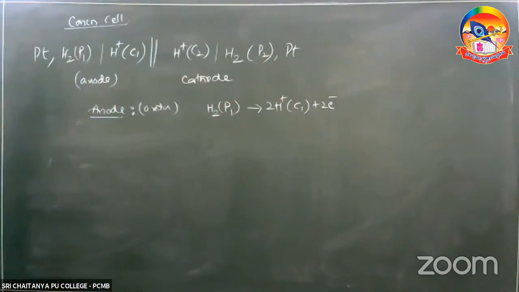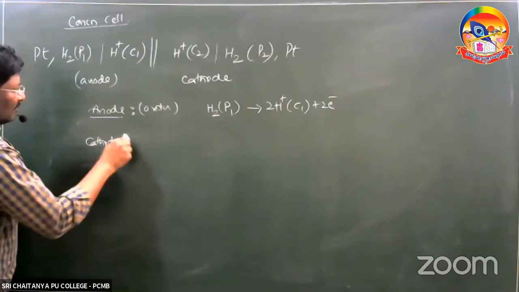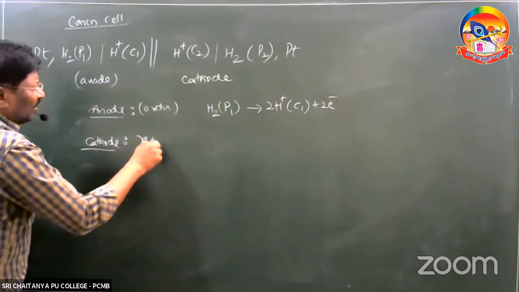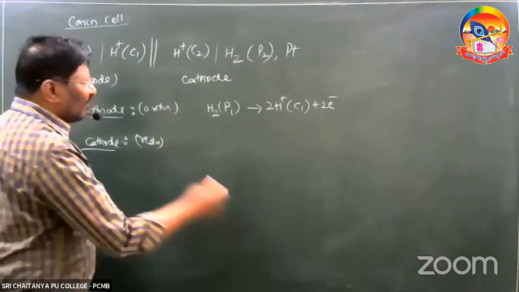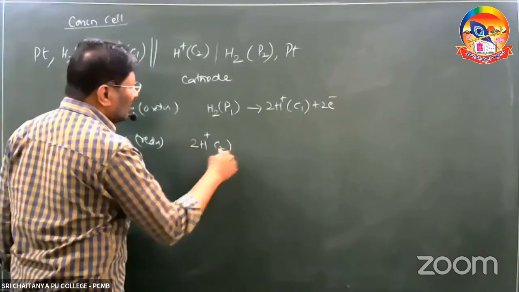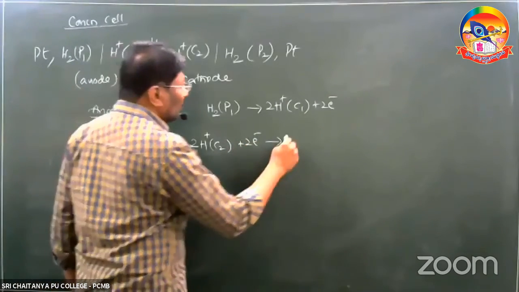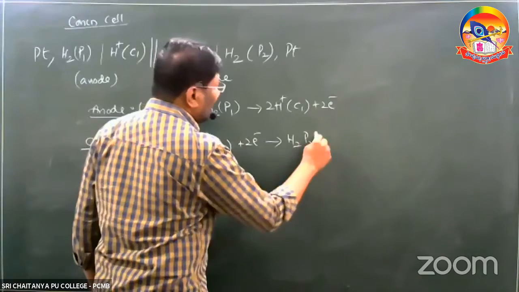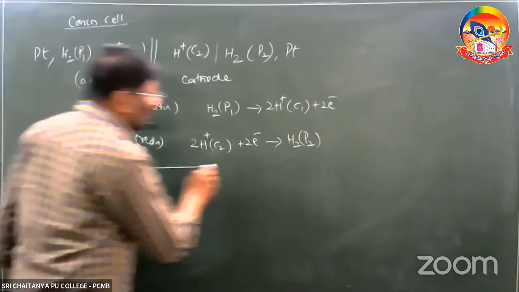The next one, cathode: reduction takes place. Therefore, 2H+ with concentration C2 plus 2 electrons gives rise to H2 at a pressure P2. Now add both of them.